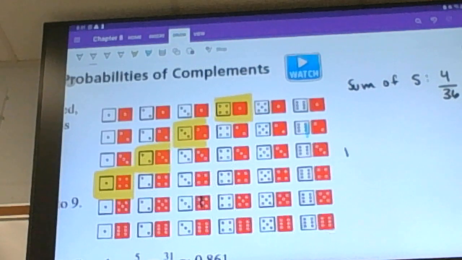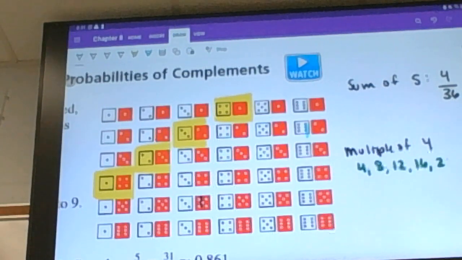And then the next one is a multiple of 4. And I had to make a whole list of what is a multiple of 4 just to get my head right. 4, 8, 12, 16, 20. Those are multiples of 4. The highest sum here is 12. So I'm really just adding them up and seeing which ones are 4, 8, and 12.